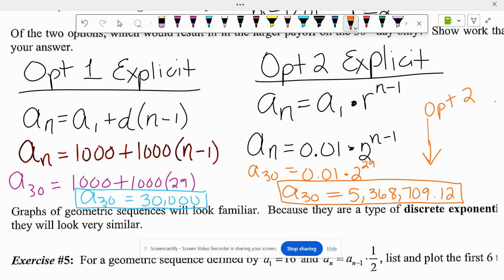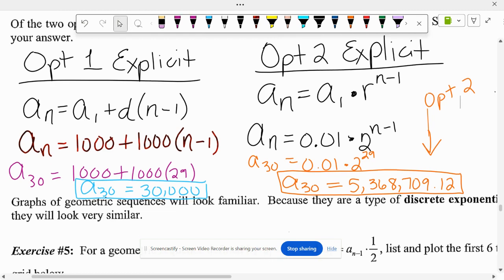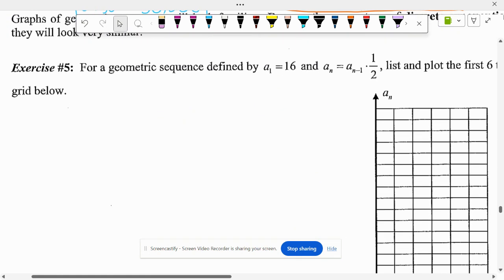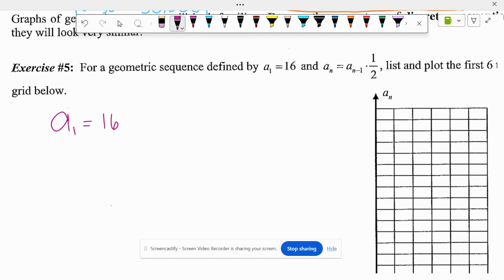Graphs of geometric sequences look just like graphs of exponential functions. So it says here, our first term in this geometric sequence is 16. My common ratio, r, is 1/2.